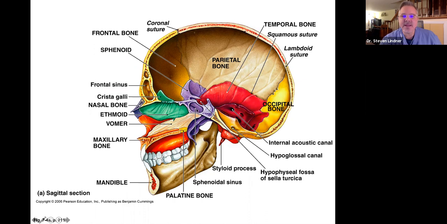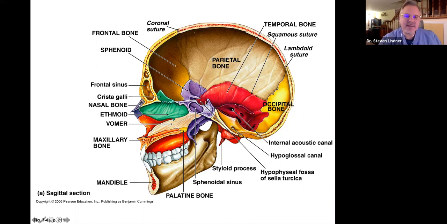Then there is a sphenoid sinus right here. And there is a maxillary sinus as well. But to see the maxillary sinus, we have to be looking at the skull from the front view, and we have to take off a few layers through the coronal plane to be able to see the maxillary sinus.